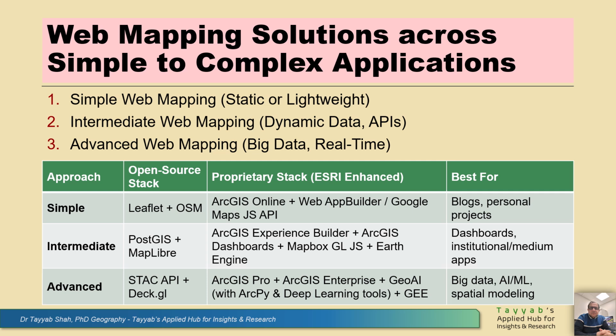So just to have it conceptually, what mapping is by definition, and then if you want to see the different scales of web mapping, different kind of applications we have.